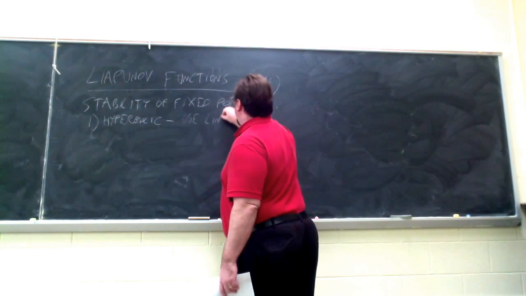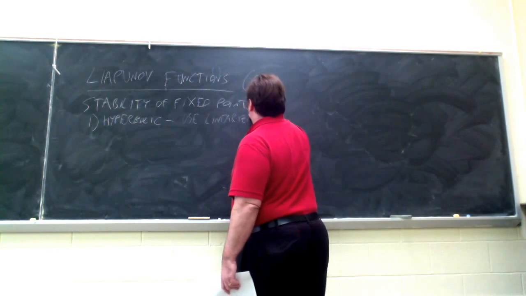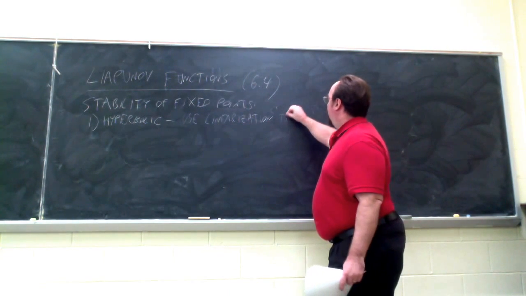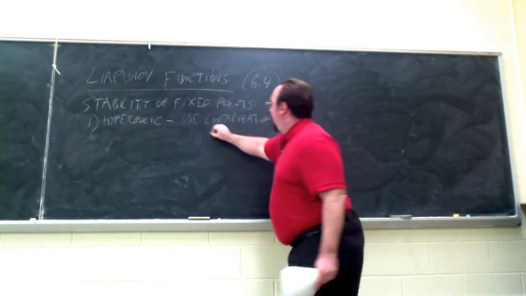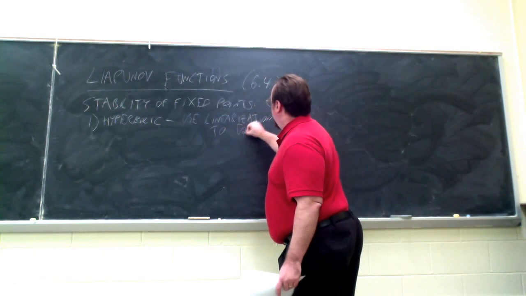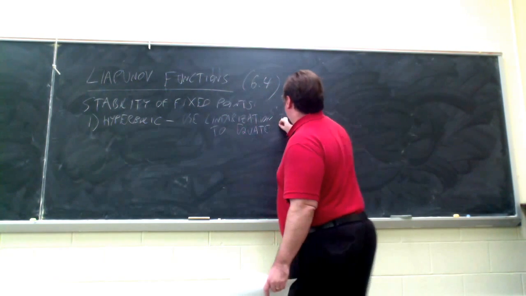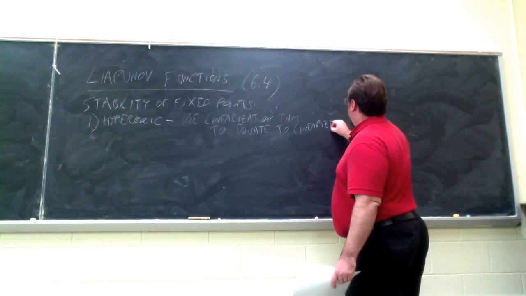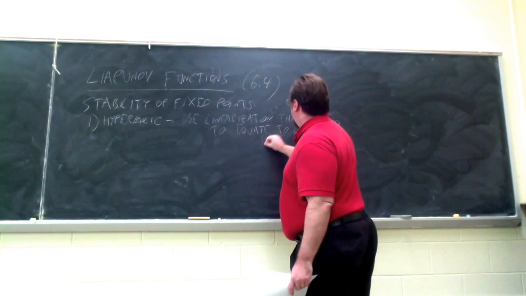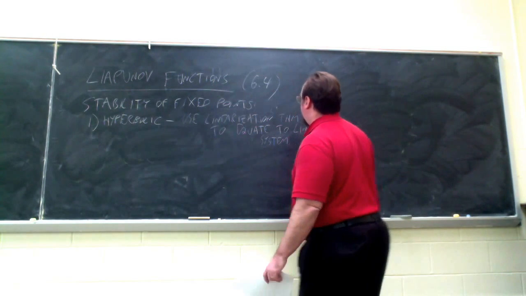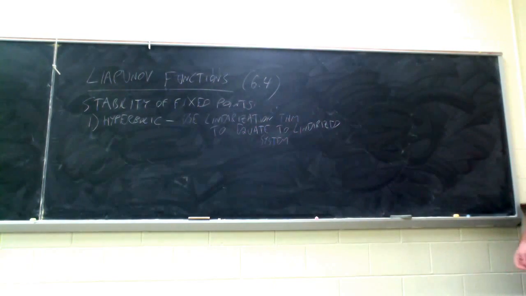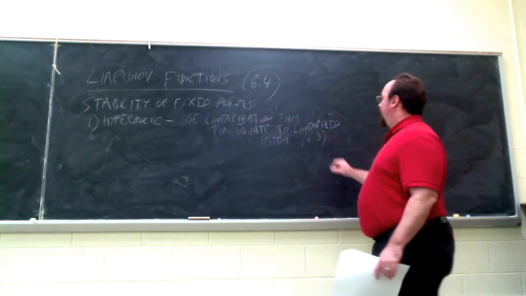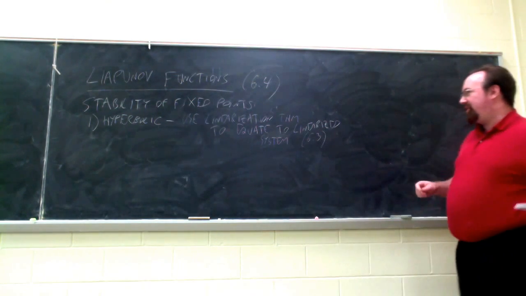In that case, you can use a linearization theorem and say your system is topologically equivalent. So you can study the fixed points of a linear system, and you can easily determine whether they are stable or not. And that tells you what's going on with nonlinear systems. So that's what we've been dealing with prior to this point.